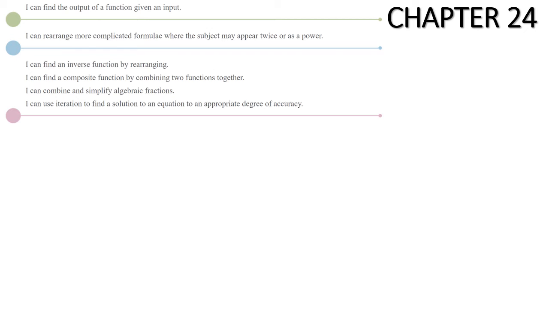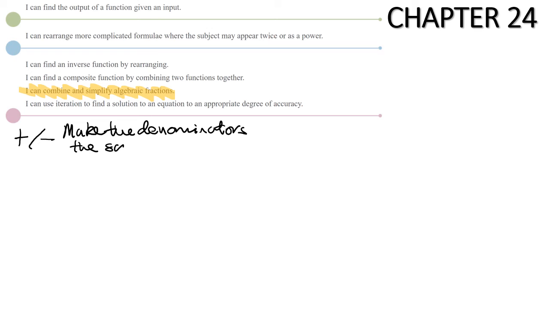When we move on to adding and subtracting algebraic fractions, then the rules are just like with normal fractions: we make the denominators the same. So we'll do a couple of examples.